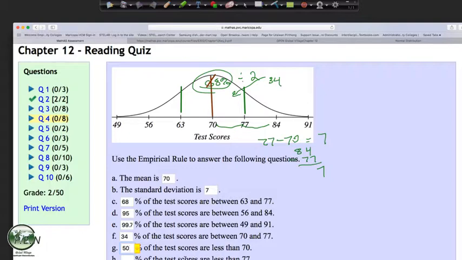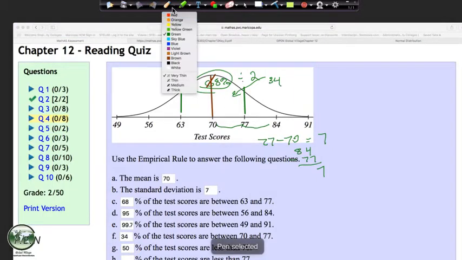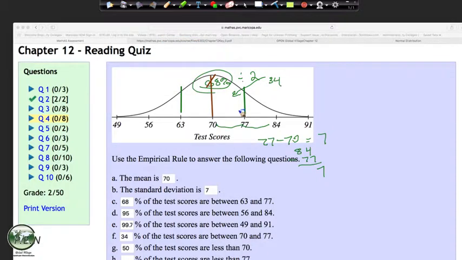Let's go up a little bit. The test scores that are less than 77. This actually gets a little more complicated. We have to put two values together. Less than 77, well, this part here we just figured out, that's 34%. And the part below the mean is how much? 50%.